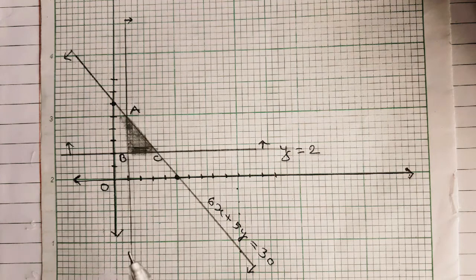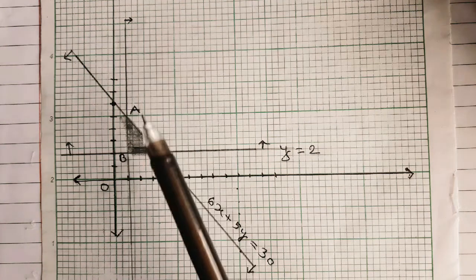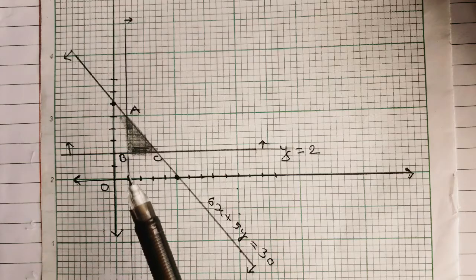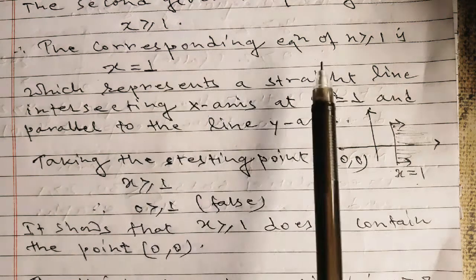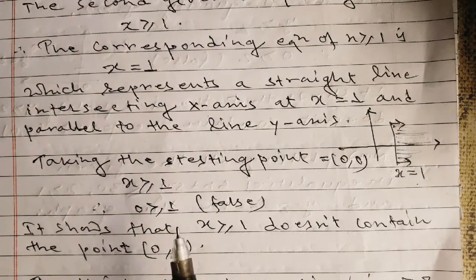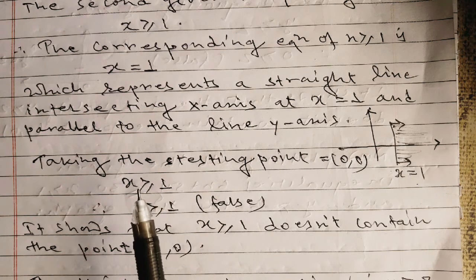Now the second inequality is x greater than or equal to 1, and already we have plotted the boundary line of x is equal to 1. We have already shown that the point 0, 0 does not satisfy the inequality x greater than or equal to 1.